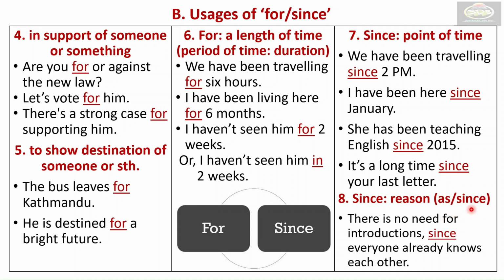We use as or since in more formal situations, and when we use as or since, we focus on result, not reason. We use because when we have a focus on reason, cause, but when we use as or since, we have focus on result, not cause.